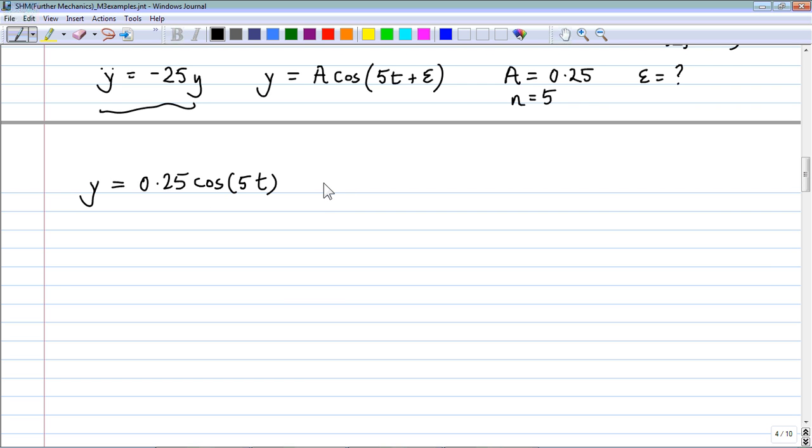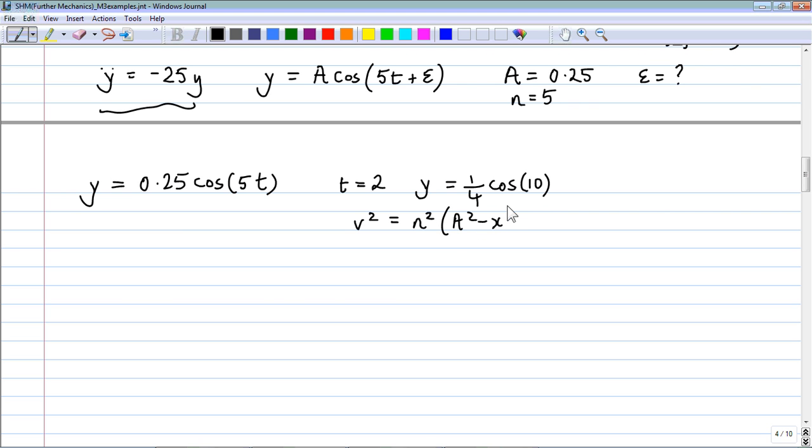Well, then it follows that if we want to know the value of the speed, there are two ways to do it. Let's do it one way. When t equals 2, y equals 0.25 times the cosine of 10, and the speed will be found using the formula v squared equals n squared times (a squared minus x squared).